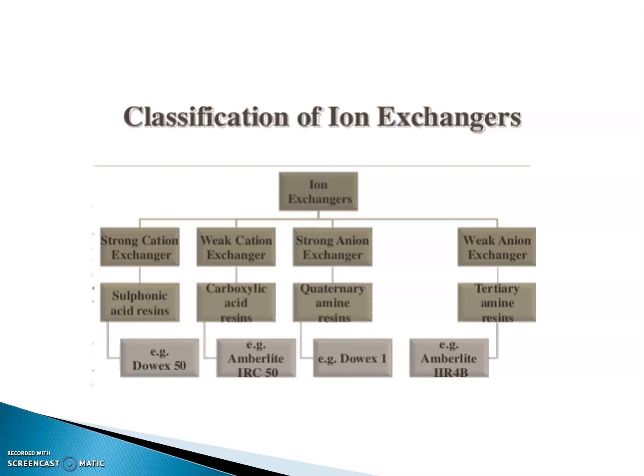When its capacity is exhausted, the resin can be regenerated with an excess of mineral acid. Strong acid cation exchangers function well at all pH ranges. There are no specific restrictions. These resins have found a wide range of applications. For example, they are used in the sodium cycle for softening and in the hydrogen cycle for decationization.